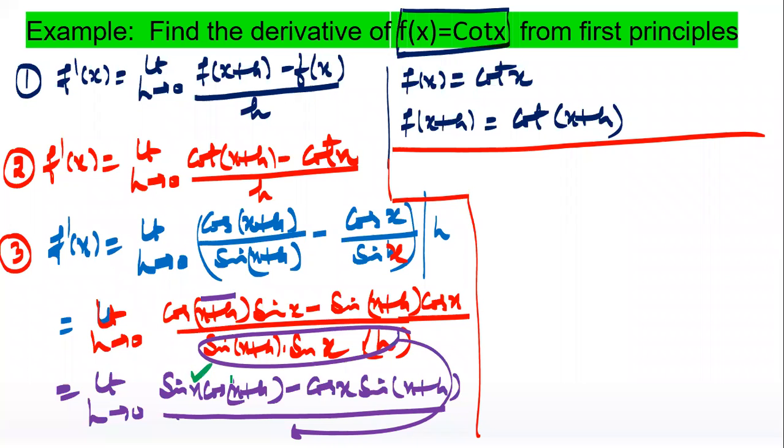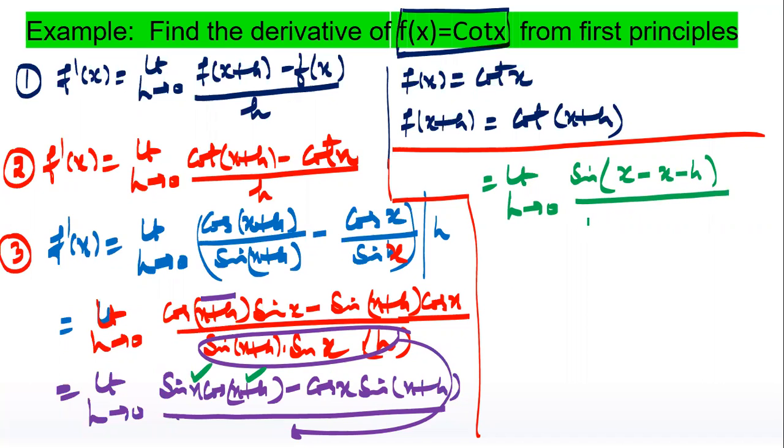Using the formula sin a cos b minus cos a sin b, it will become limit h tends to 0 of sin(a minus b), that is sin(x minus (x+h)), so sin(minus h) upon h into sin(x+h) into sin x.